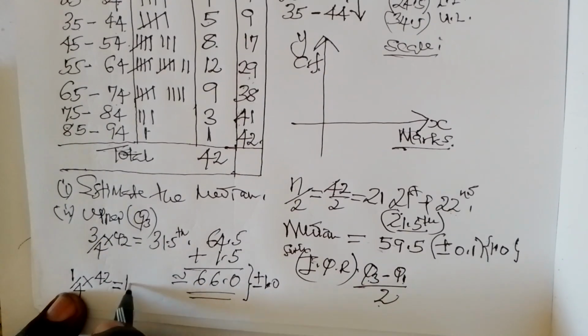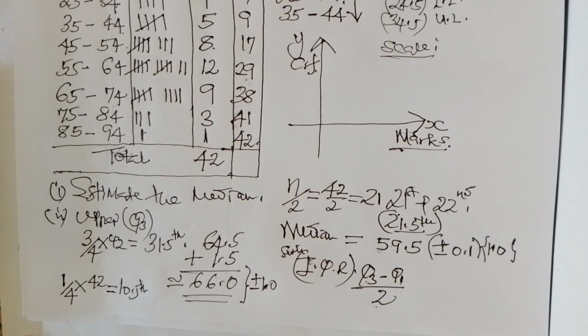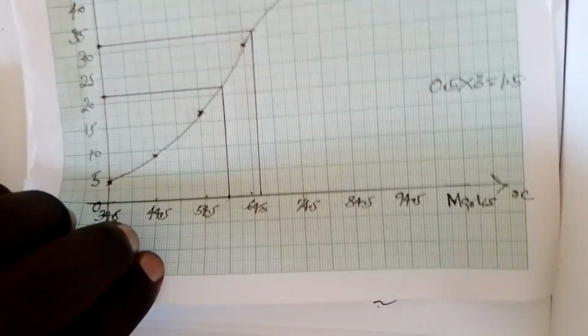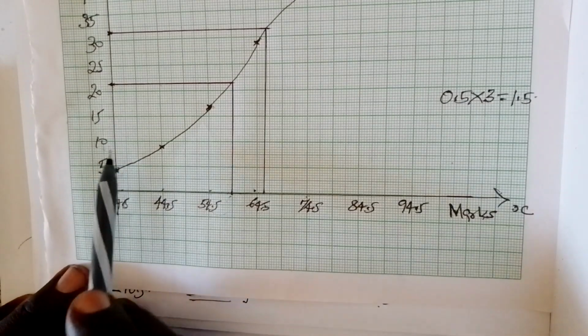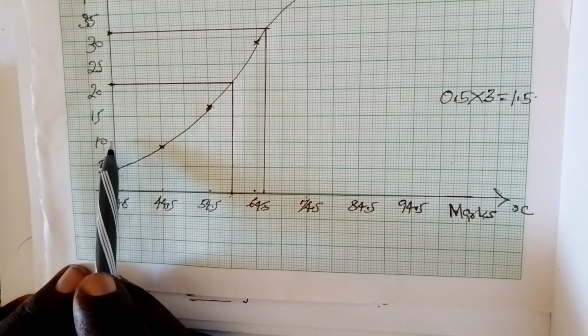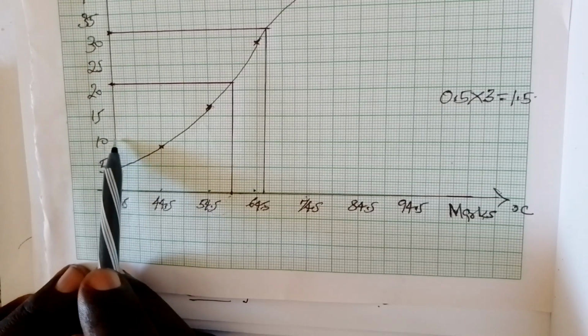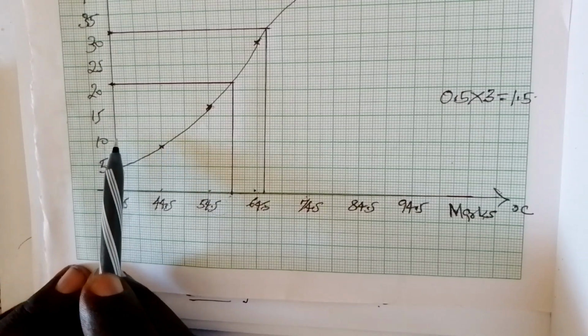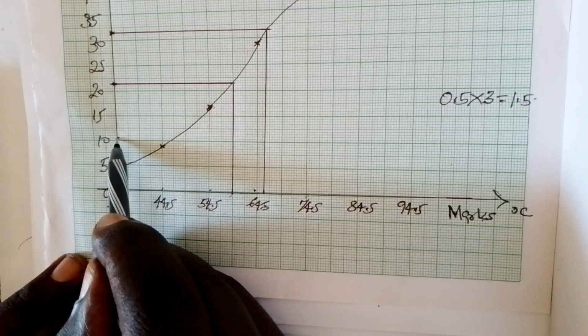So we're talking about the 10.5th position on our graph. So we come back to our graph. The 10.5th position will be given at 10, after the first small green square. So that is where 10.5 will be.